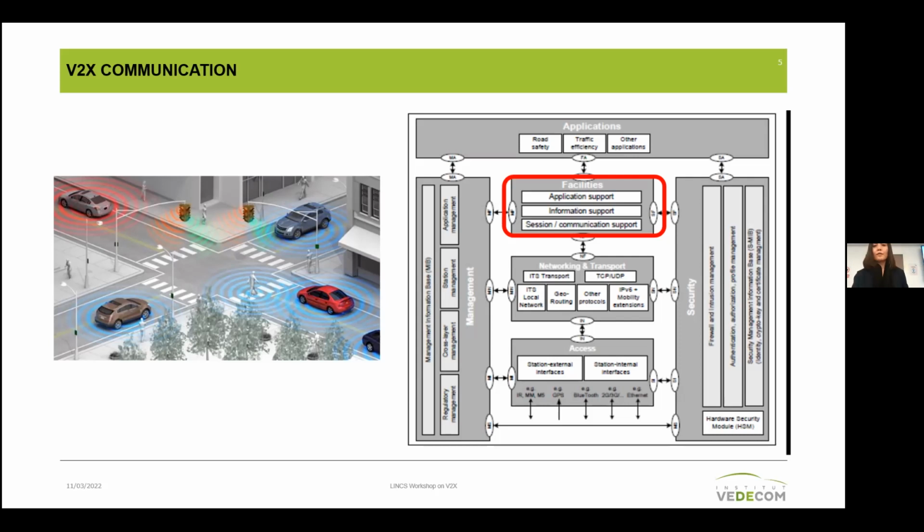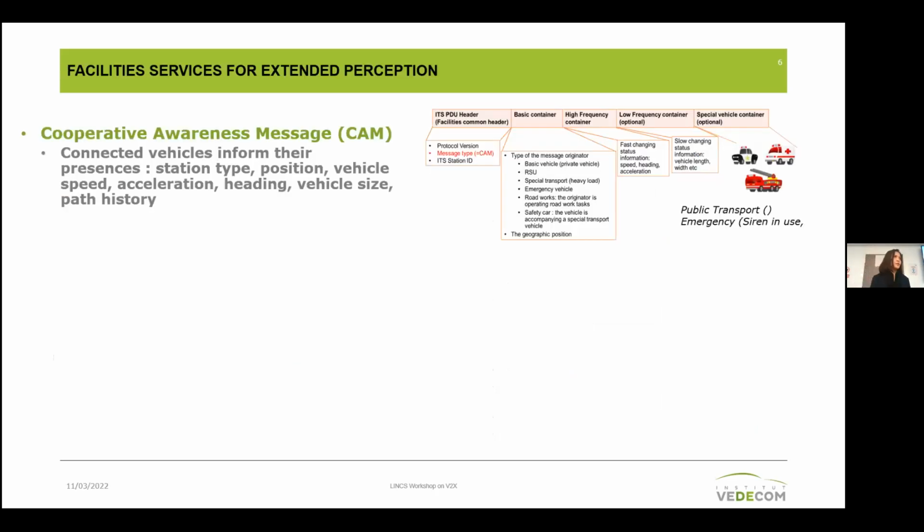There are different types of messages that can be generated and transmitted there. But from the extended perception point of view, there are two types of messages that are very important.